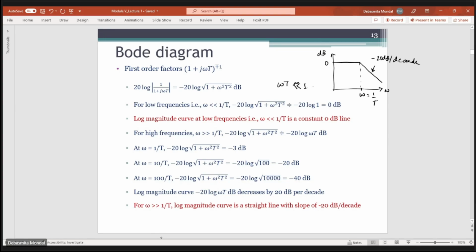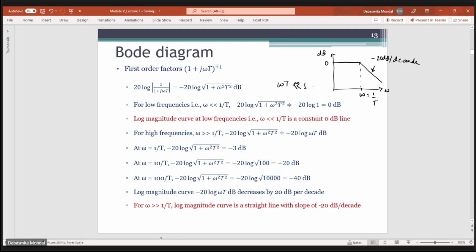So these two straight lines, this one straight line and this other straight line, are known as the asymptotic line segments, and from these asymptotic line segments you can draw the approximate Bode diagram or the approximate frequency response of a system. Now at omega equals 1 by T, what is happening?